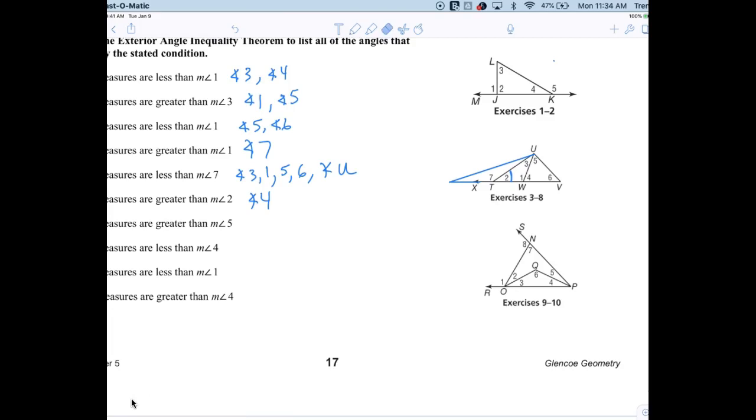Because that is not there, is 2 an exterior angle? No. So the only thing we can call angle 2 is a remote interior angle. So if this is the remote interior angle, the only exterior angle that satisfies these conditions would be angle 4. That's the best I can do.